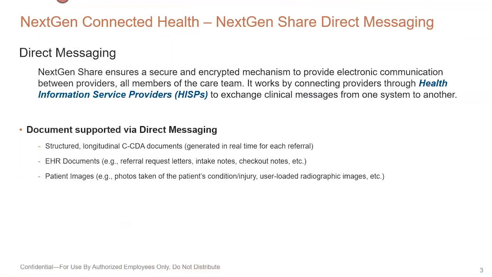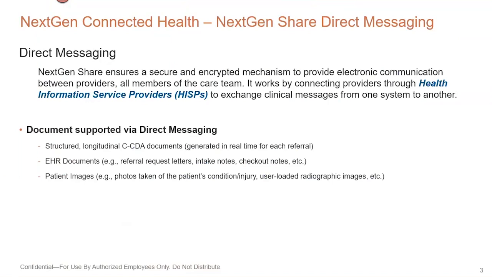When you onboard with NextGen, you can be enrolled in the NextGen HISP, Health Information Service Provider Directory. But there are other HISPs such as Allina Health, Epic, Cerner. They all enroll their providers into these HISPs. That is basically an address book of all providers that have dedicated accounts for this secure and encrypted mechanism for having communications.